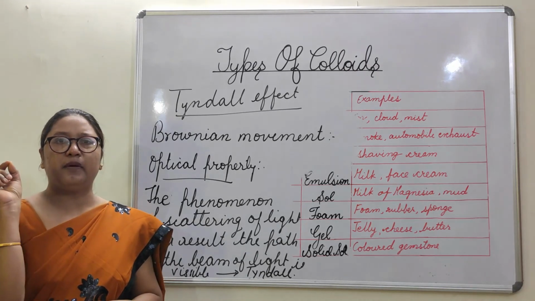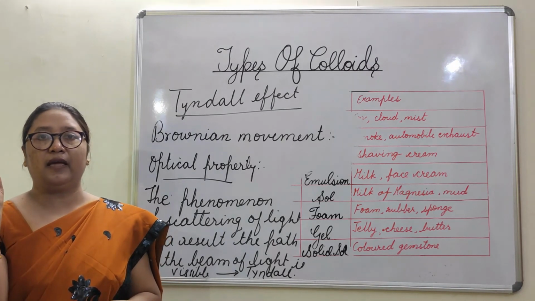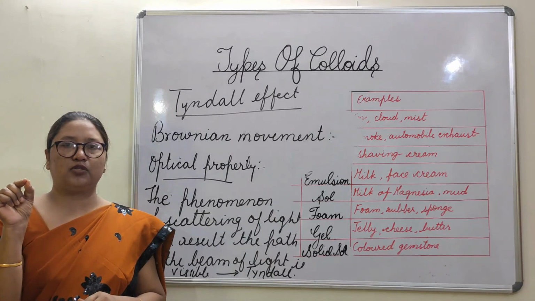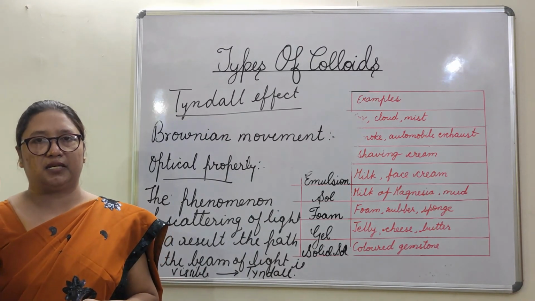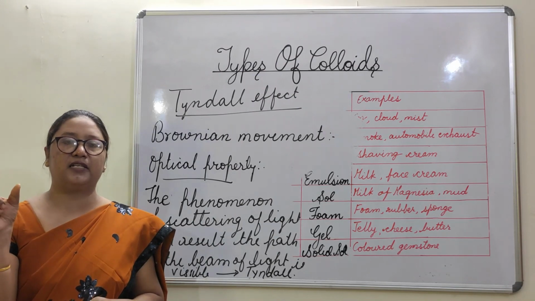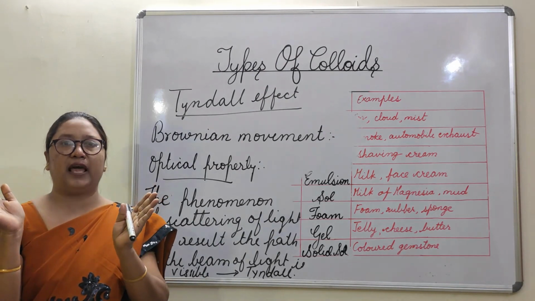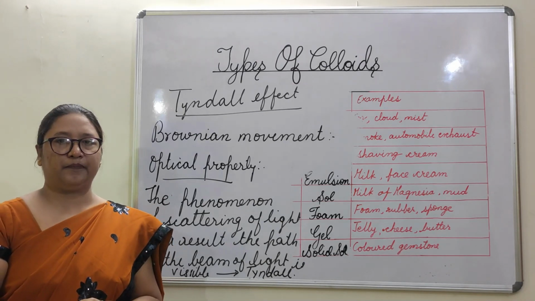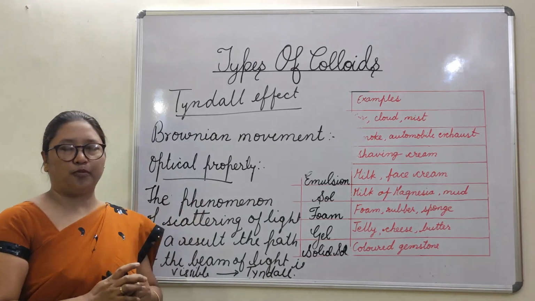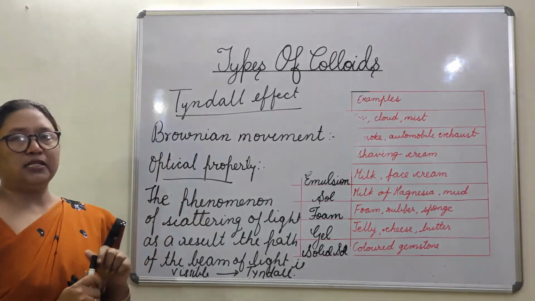Mist means tiny droplets of water in the air. So when light passes through, because of the tiny particles the beam of light strikes and scatters, and so it can be seen in the dense forest. So these are the few properties of colloidal solution.